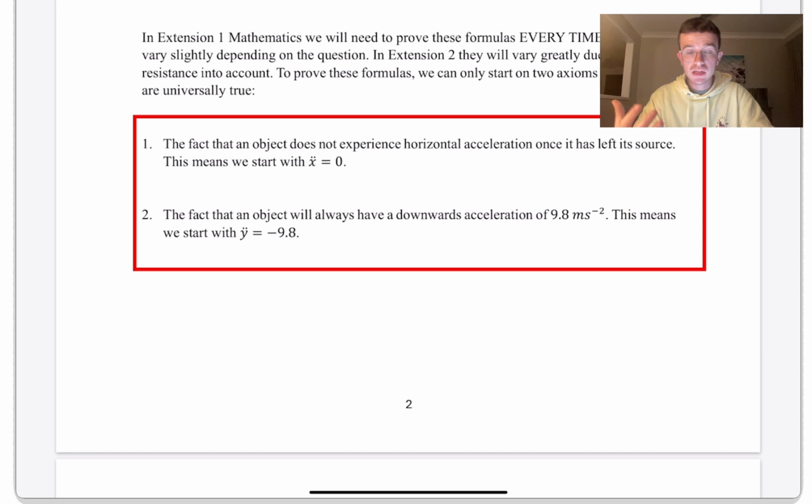What that means as well is that acceleration is not only an increase in speed, but also a decrease in speed. So this is implying that an object will have a constant horizontal speed once it's left its source. Now we know that this is not actually true because an object does experience air resistance and there's other forces that can be acting upon a particle, but in this course we will not focus on that. In Extension 2 we will.